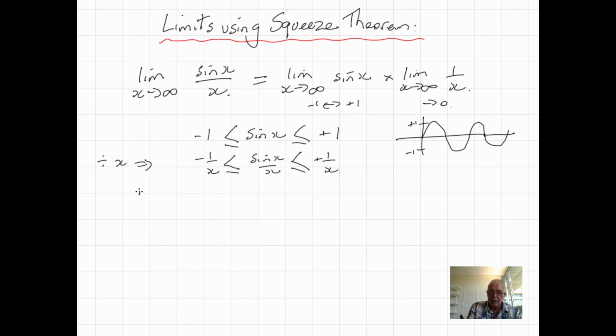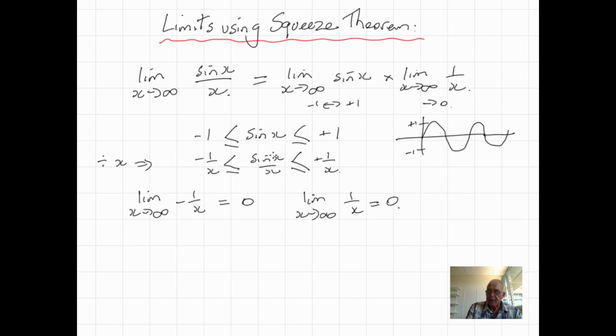But we know that the limit as x approaches infinity of -1 on x is equal to 0, and the limit as x approaches infinity of the other function, 1 on x, is also equal to 0.